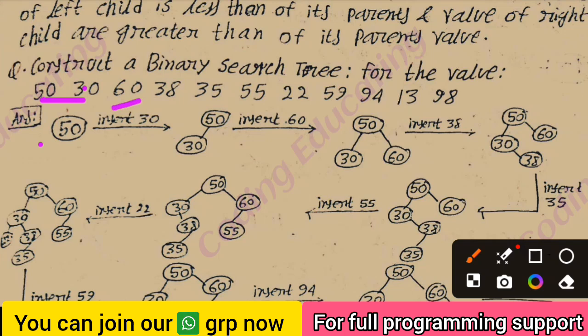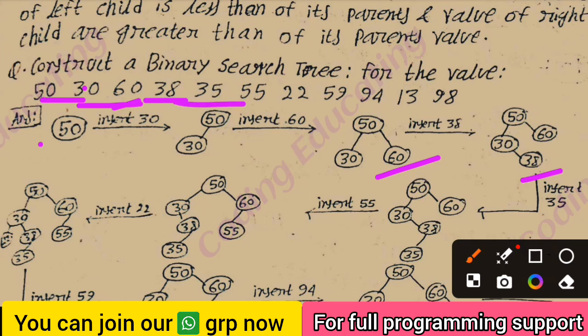Then 60 is in the right node because 60 is greater than 50. After that we insert 38, and 38 is in the right subtree of 30 because 38 is greater than 30, that is why.